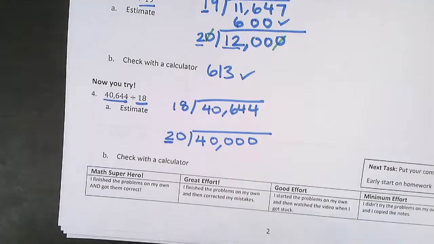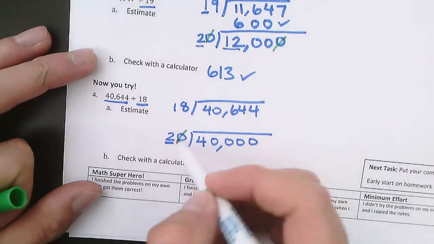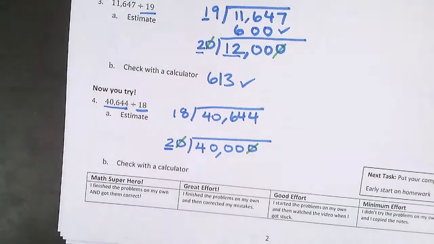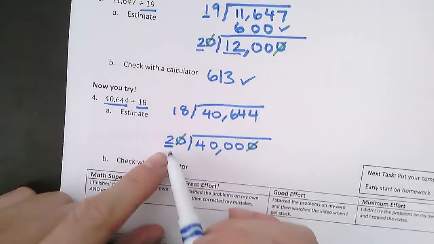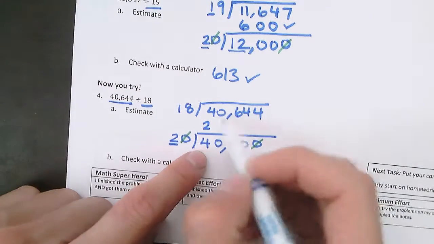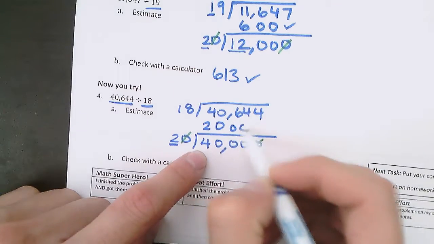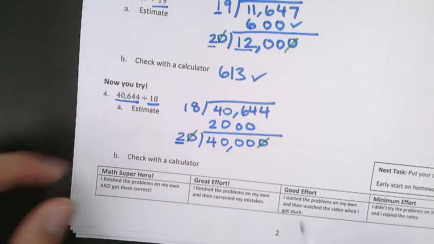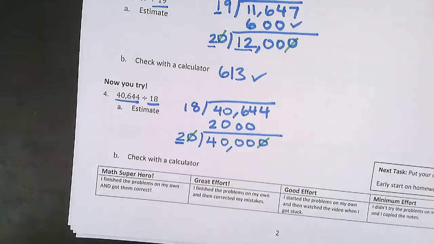Cancel out any zeros that are in both numbers. 2 goes into 4 2 times, and then keep all the zeros, 1, 2, that are left over. So 2,000 is my estimate.